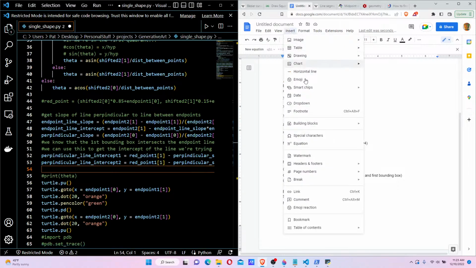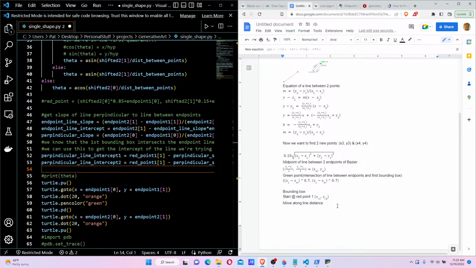Move along the distance. It should be 0.35 times d1, and that's because the bounding box should be square and have dimensions of 0.7 times d1, 70% of the distance between the endpoints. So if you do half of it, it should be 0.35. And it's just half because you move in one direction.